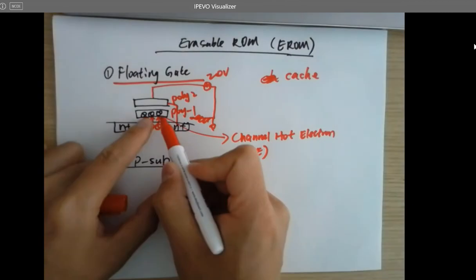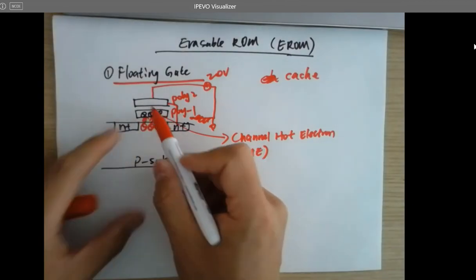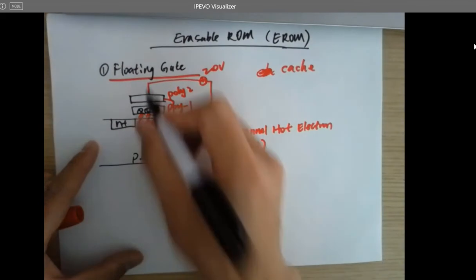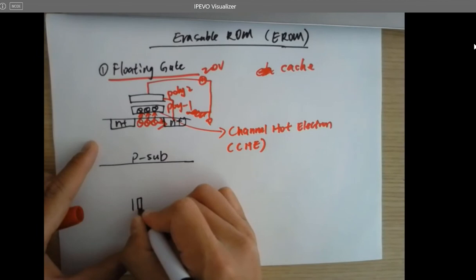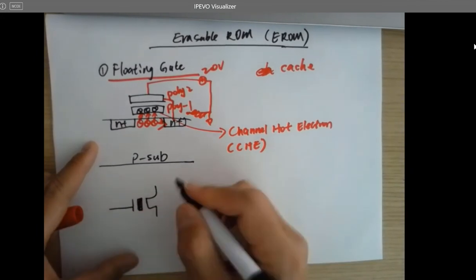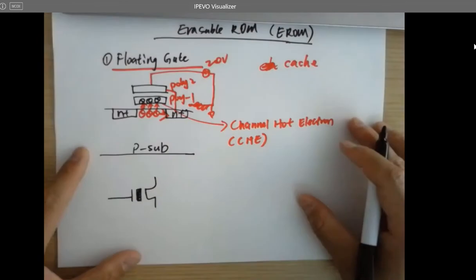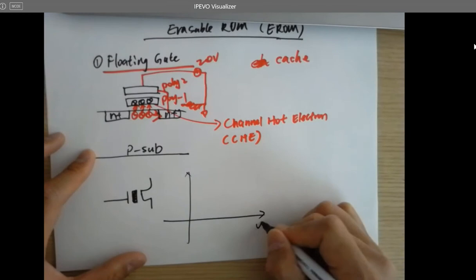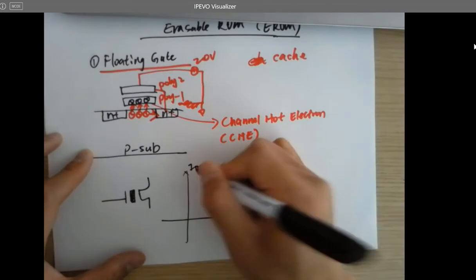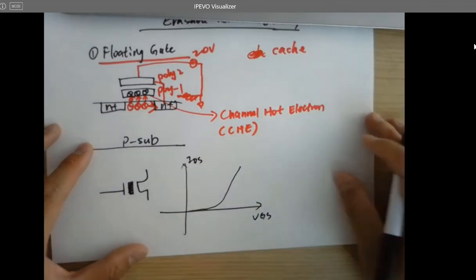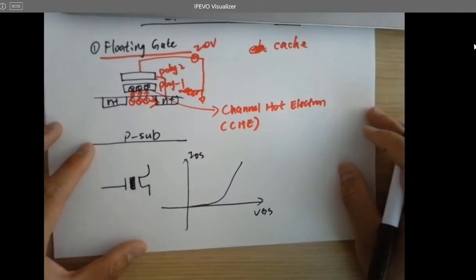If you have electrons being trapped in here and we are trying to turn it on, the symbol for this floating gate NMOS transistor looks like this. You have two gates, and that's VGS and IDS. For the normal NMOS, it has a threshold voltage.